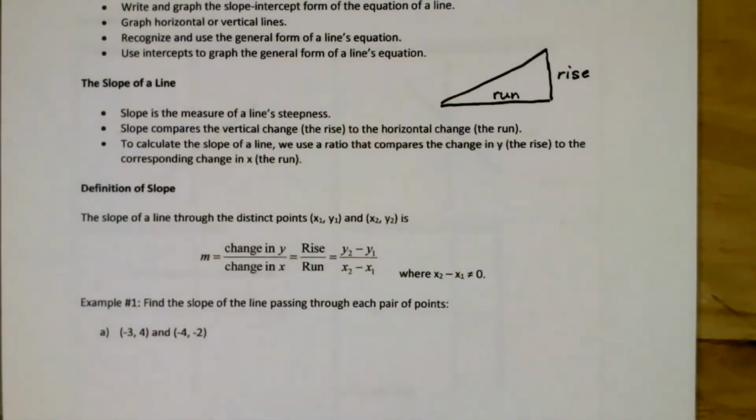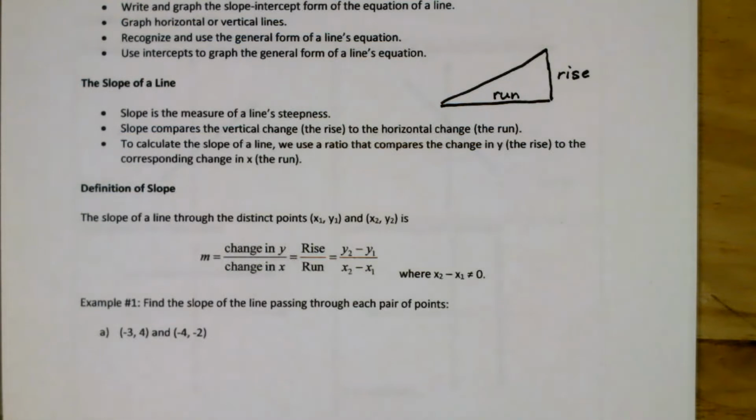So it's a ratio of the vertical change to the horizontal change. To calculate the slope of a line, we use a ratio that compares the change in y, which is the rise, to the corresponding change in x, which is the run. And here we use this definition of a slope.